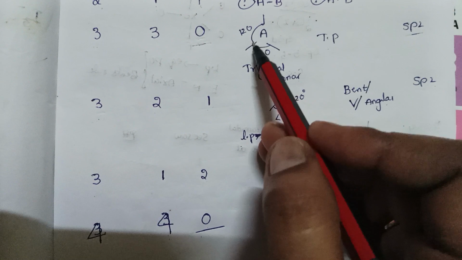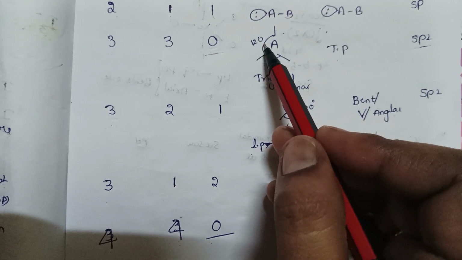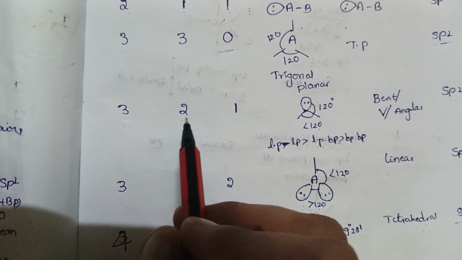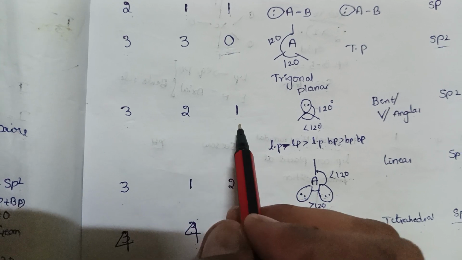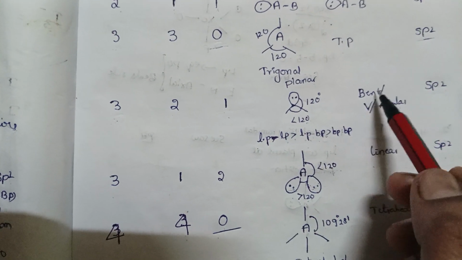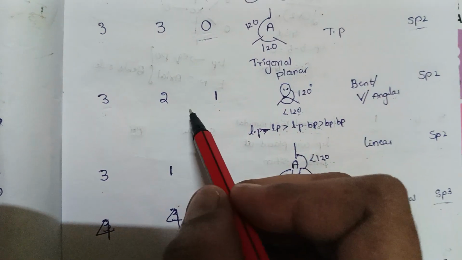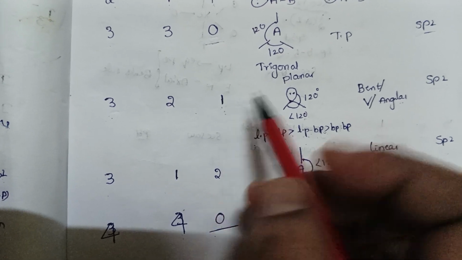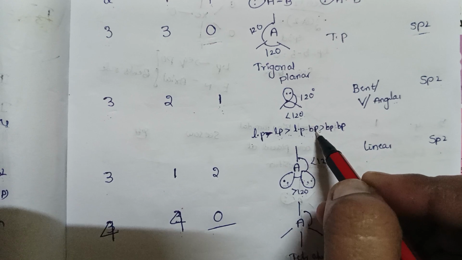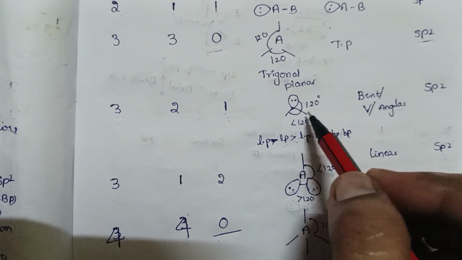The angle between these atoms is 120 degrees. If the Z value is 3, with 2 bond pairs and 1 lone pair present in the molecule, the geometry is trigonal planar and the shape is bent, or V, or angular. The hybridization is sp2. Here 1 lone pair is present. A lone pair has more repulsion than a lone pair-bond pair, which has more than a bond pair.